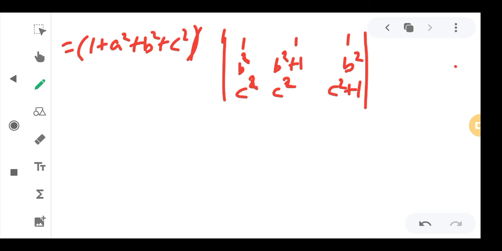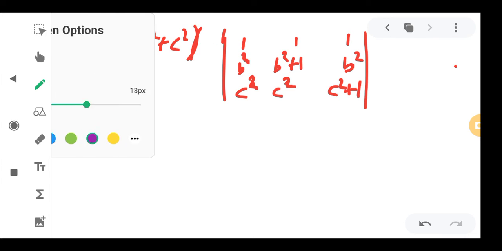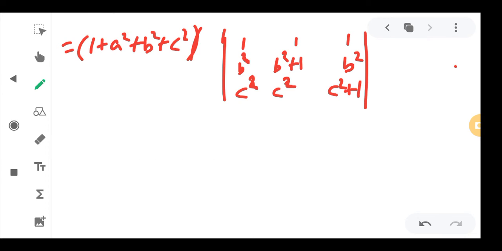Okay, now we will try to solve. How can we solve? I am simply subtracting c1 with c2. I am doing c1 as c1 minus c2.